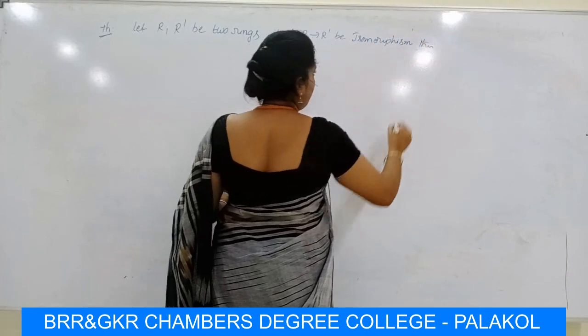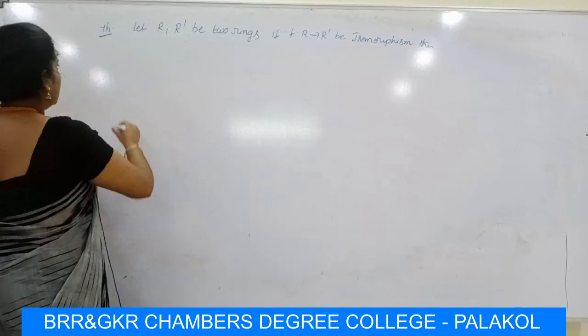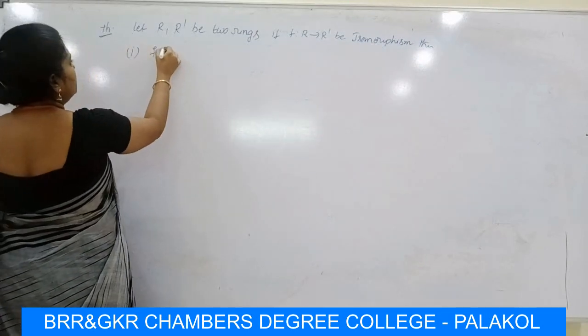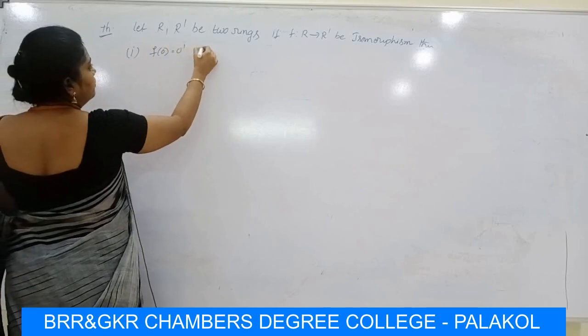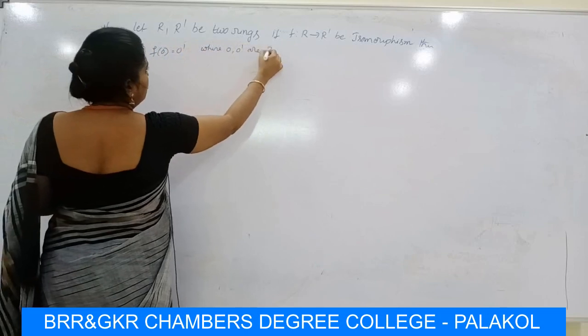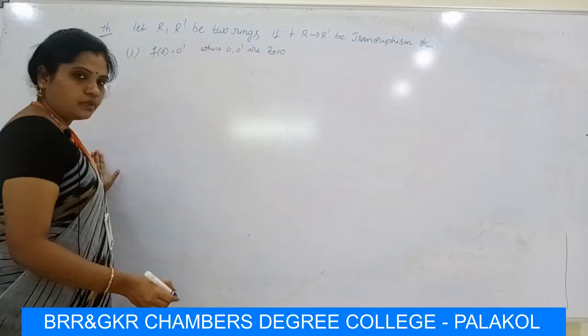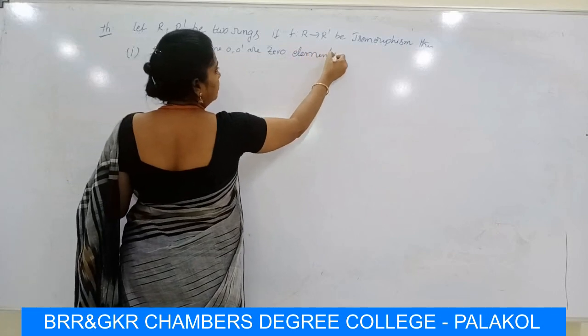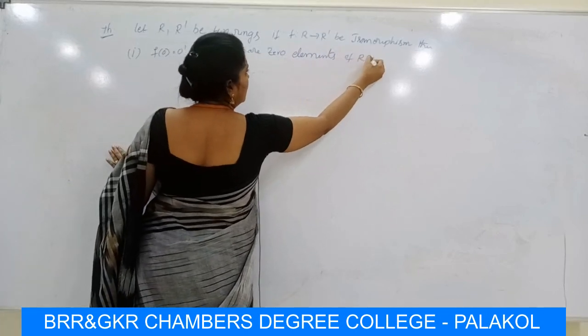Then you have to prove the first condition, f of 0 is equal to 0 dash, where 0, 0 dash are the zero elements of R, R dash.